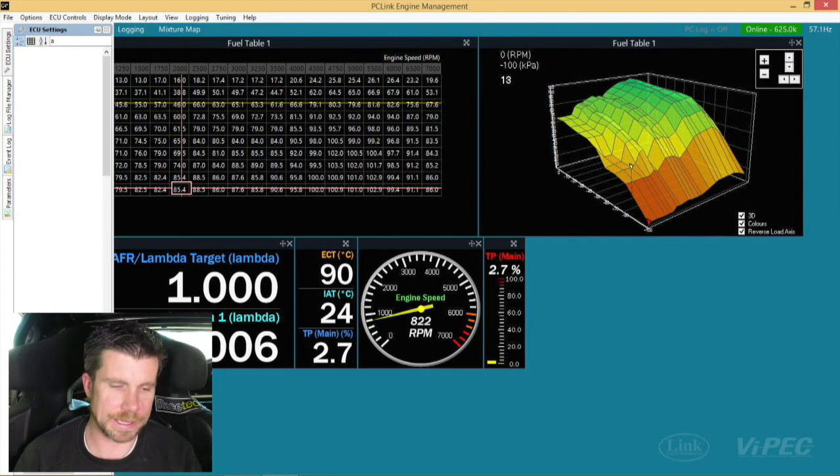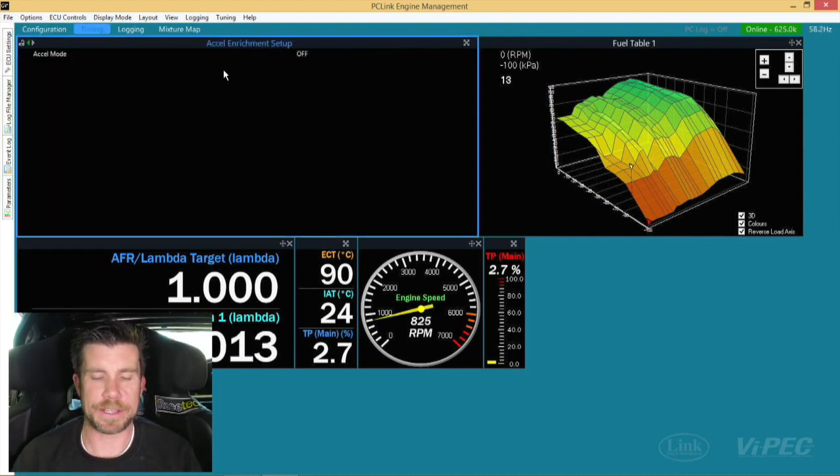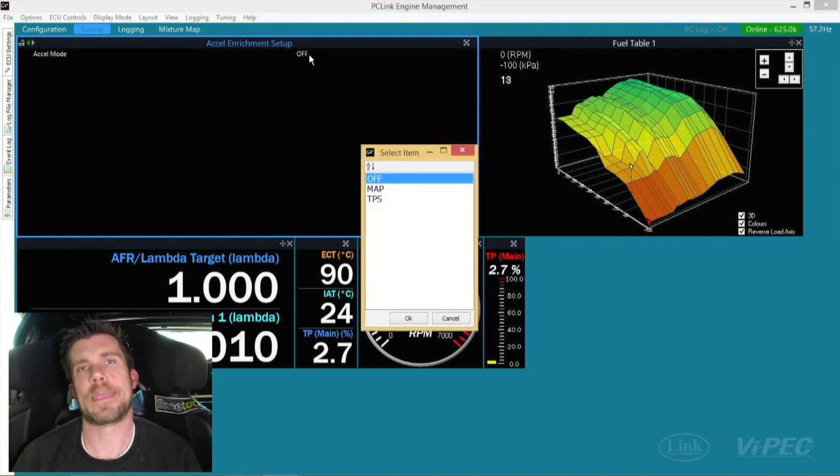If we enter Accel Enrichment, we can get our accelerator enrichment set up. You can see, as I explained, at the moment my mode is set to off. If we double click on this, we have the option of setting up the acceleration enrichment mode based off manifold pressure or TPS.